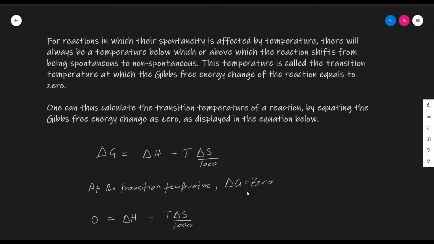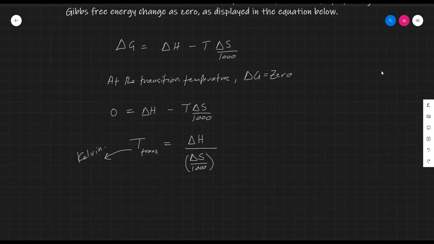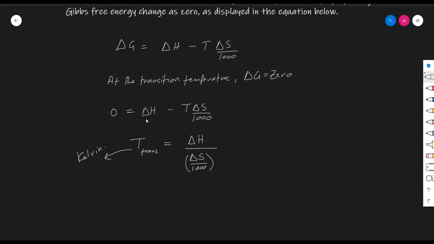At the transition temperature, delta G equals 0, as you can see here. I've equated delta G as 0, and if the values of both the delta H and the entropy change of reaction are known, one can calculate the temperature at which the reaction transitions from being spontaneous to non-spontaneous or vice versa.